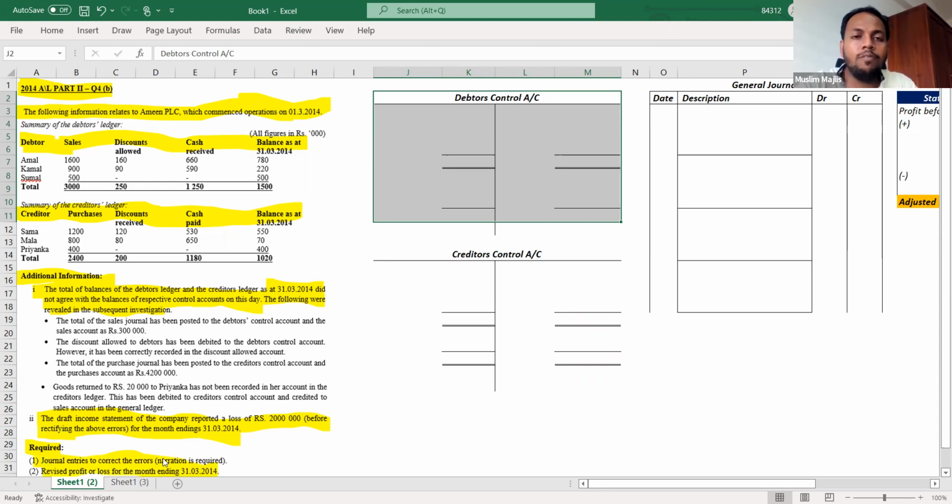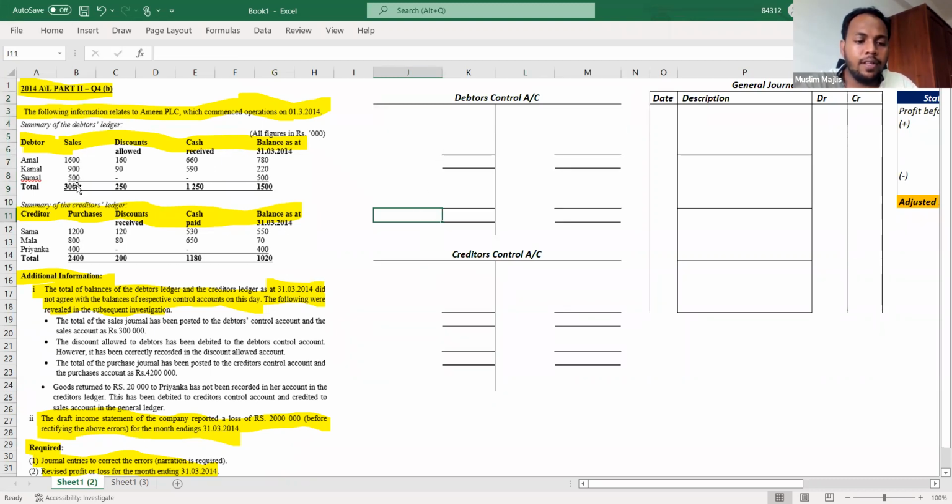So before we move on to the adjustment part, let's prepare the debtors control account and the creditors control account before recording these transactions. Revised profit is not the revised cash. Revised profit means the revised income statement. That's different.